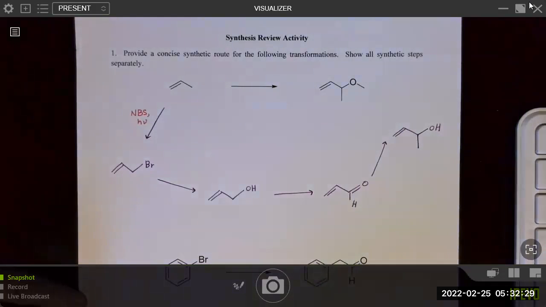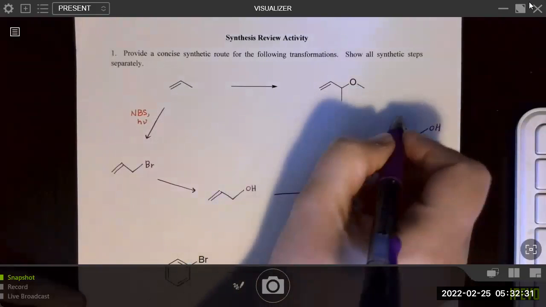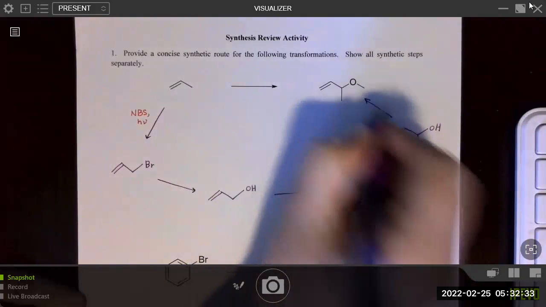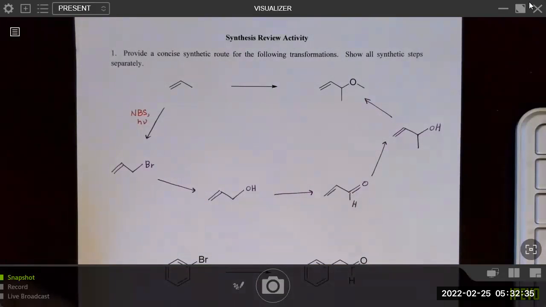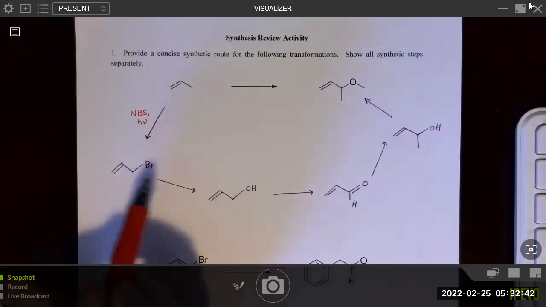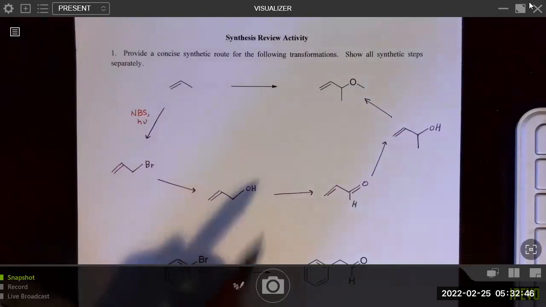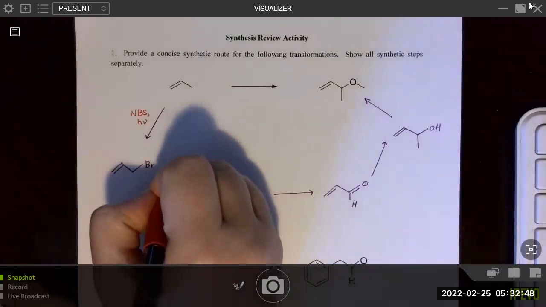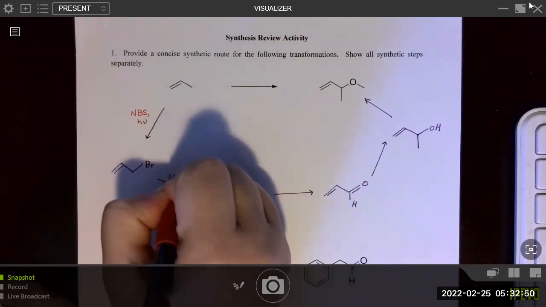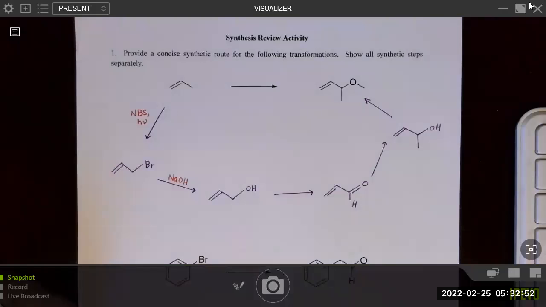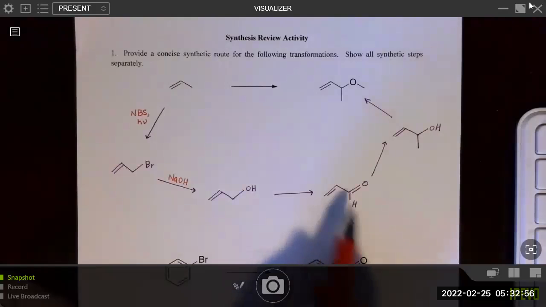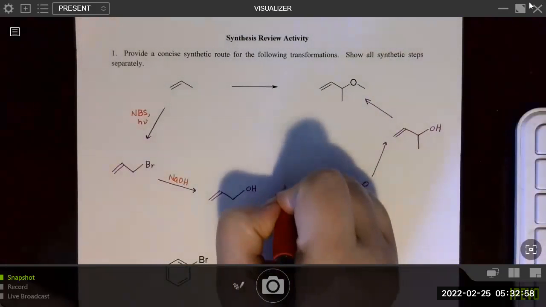And then lastly, we can add in this extra methyl through a Williamson ether synthesis. So let's add in the reagents necessary. This is an SN2 reaction to convert a primary alkyl halide to an alcohol. We just need to use a strong nucleophile, such as hydroxide. Then oxidation of a primary alcohol to an aldehyde can be accomplished with PCC.